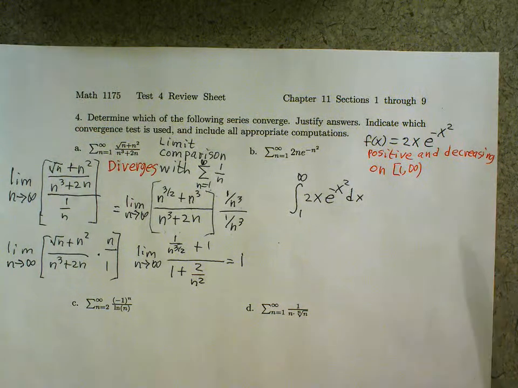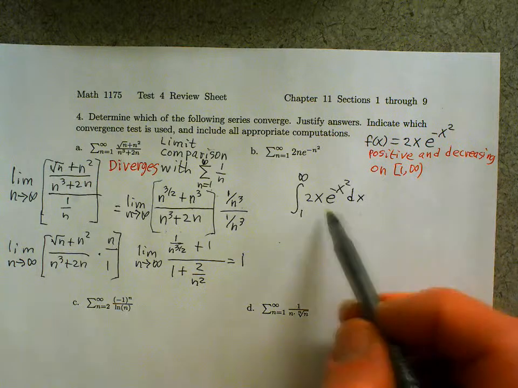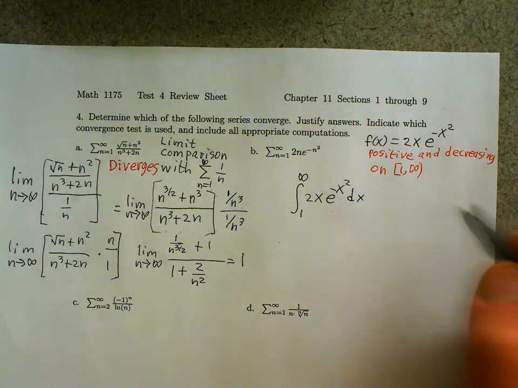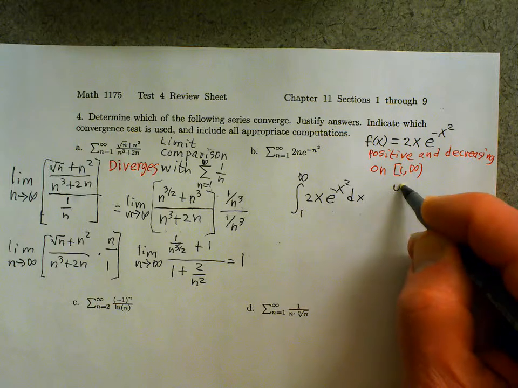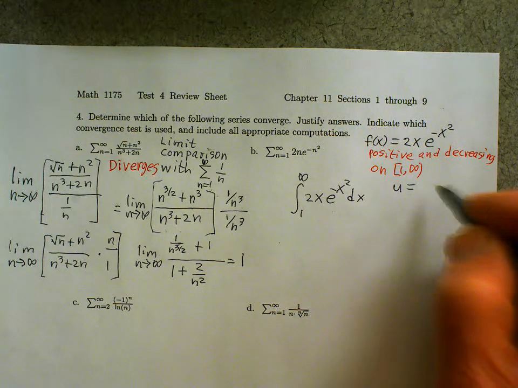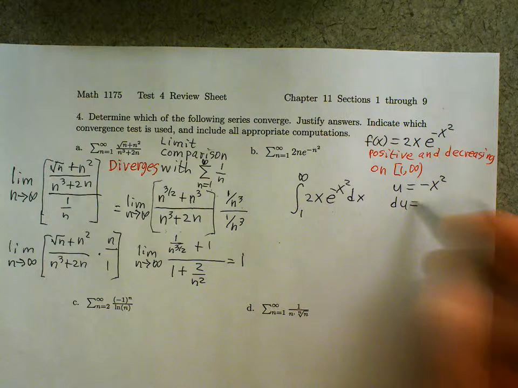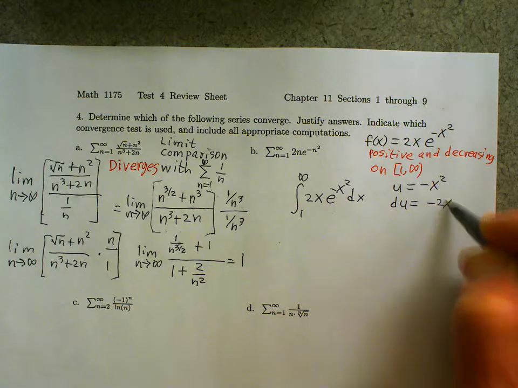Okay, so on this one, to compute an antiderivative, we can use the substitution rule. If we assign u to be negative x squared, then du is negative 2x dx.